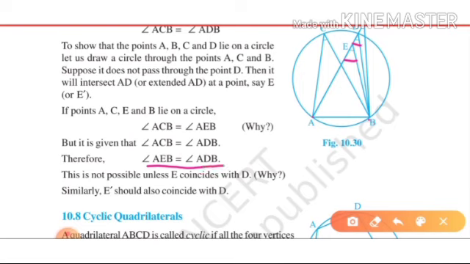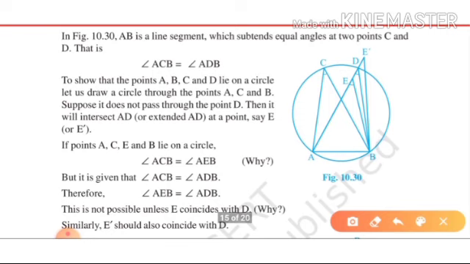That is why it is only possible if E coincides with D. Same way, it is not possible to get AE dash B and ADB equal. So similarly we can show that E dash should also coincide with D. So that means D will be a point on the circle.